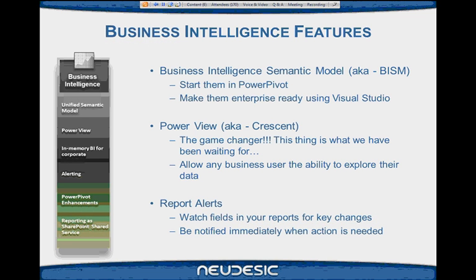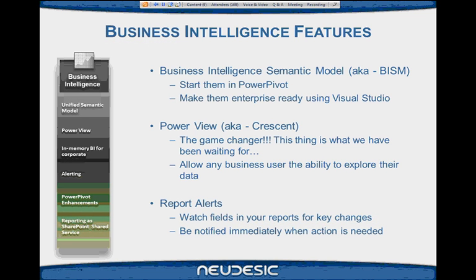Power View, AKA Crescent. This is something that was released in the CTPs as Crescent. It's been changed to the name of Power View. This is really a game changer. This thing is what we have been waiting for. And business users have been wanting to be able to create their own reports.